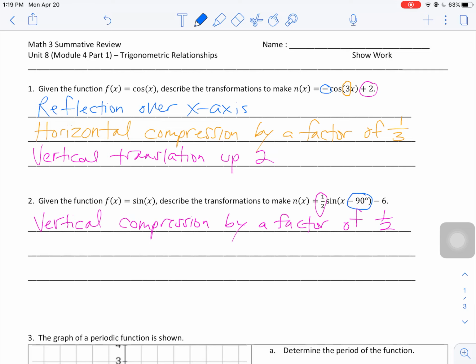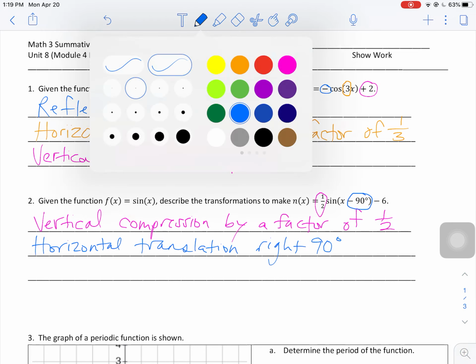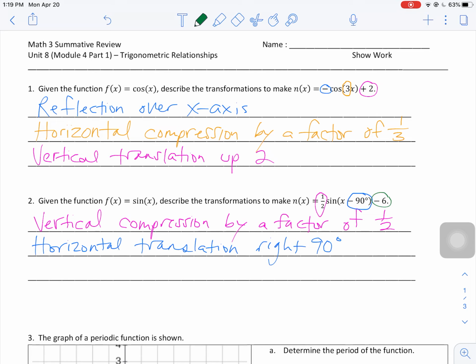So since it's a minus 90, that would be right 90. So a horizontal translation right 90. And then in the back, that's another vertical transformation since it's outside the parentheses, so you would go down 6. So vertical translation down 6.